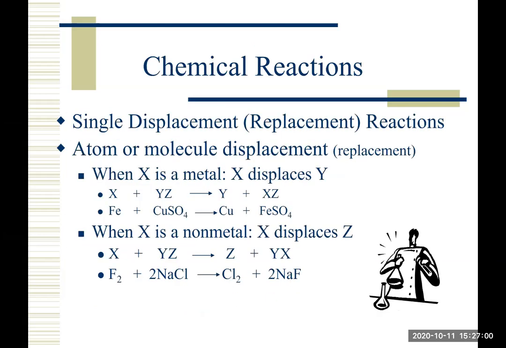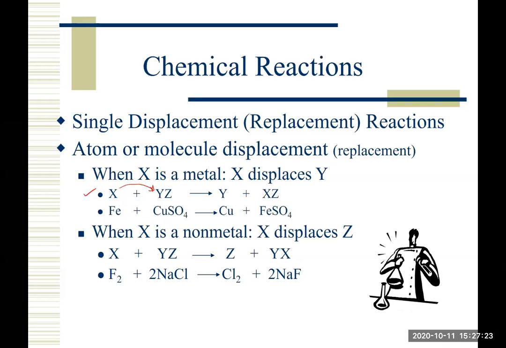The single displacement or single replacement reaction is where an atom or a molecule displaces an atom in another compound. So in this generic reaction, we can see that X is going to displace Y from the compound YZ.